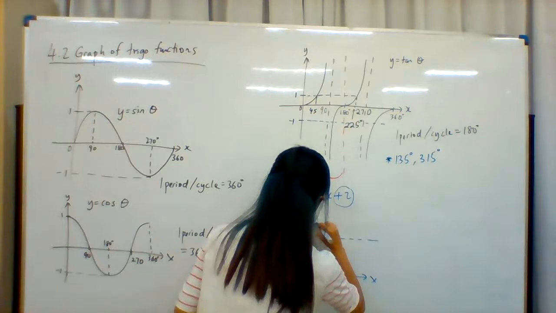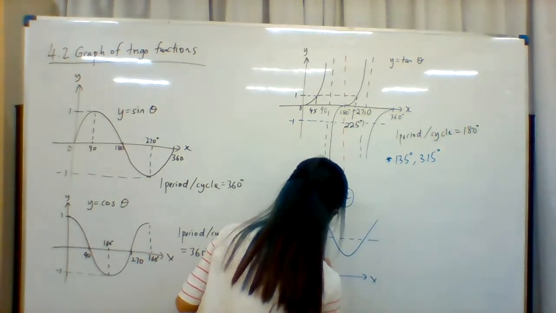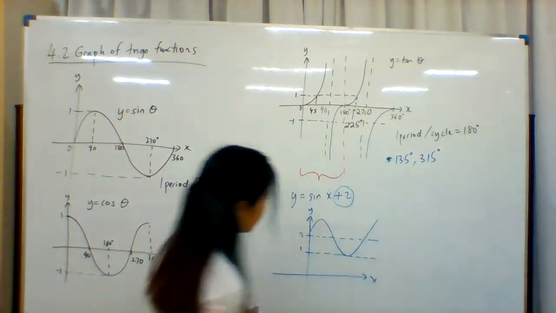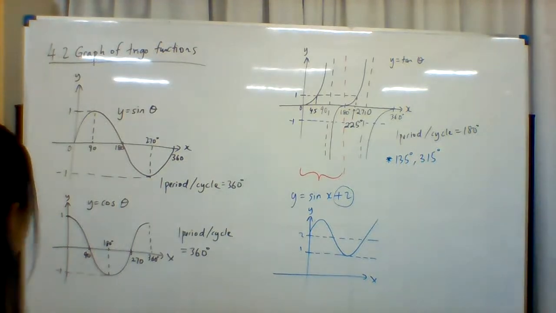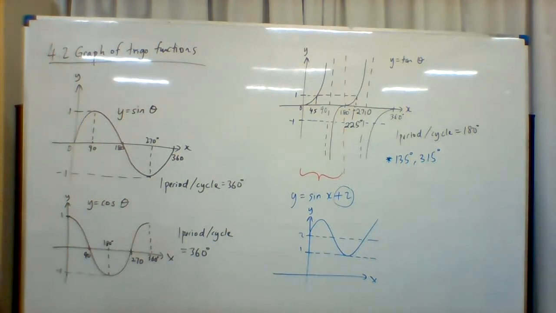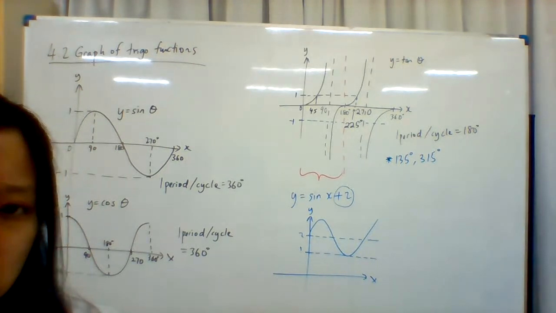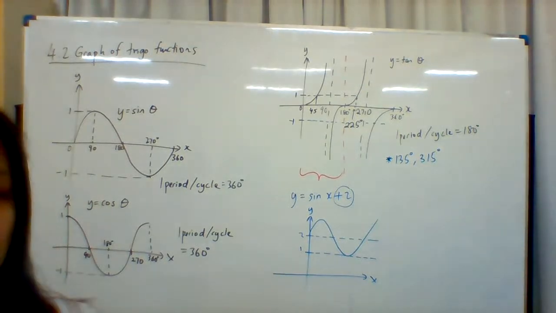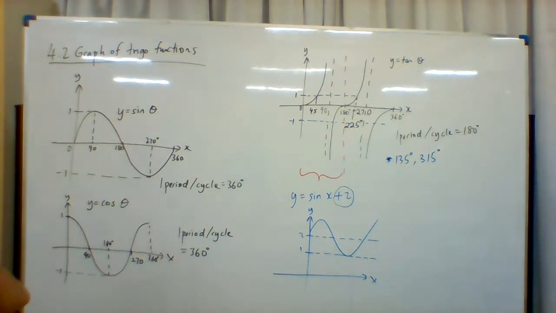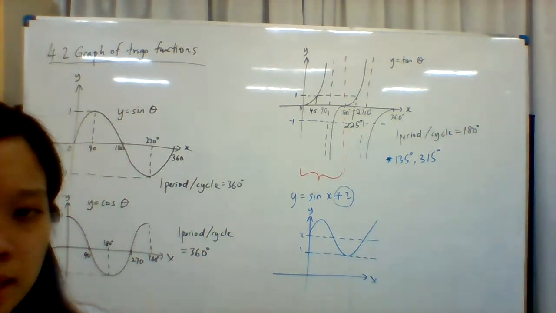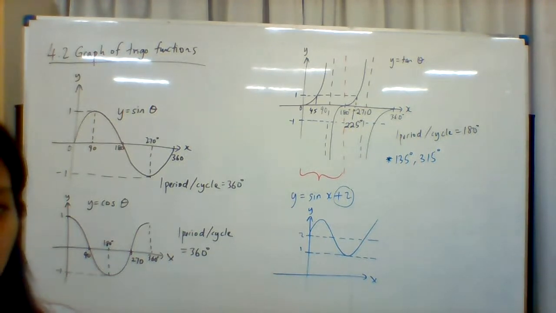And then when you draw, you get a graph that looks like this. Can you follow or not? Usually your minimum will be at -1, but then it's moved up by 2, so it will now be at 1 instead. Okay or not? So remember, the plus minus at the back tells you whether the graph moves up or moves down.